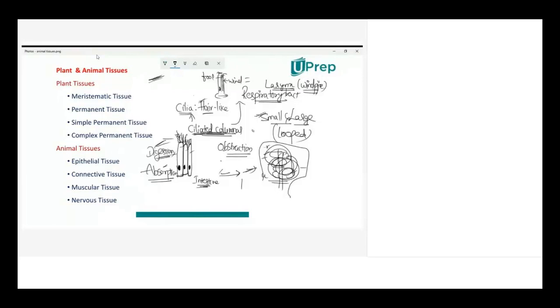So around this windpipe, you will find ciliated epithelium. It means the epithelial cells will have hair and they will not allow other particles to enter into this pipe. So that's what the cilia will do. Cilia are nothing but hair-like projections. Okay? Clear with the ciliated columnar epithelium term?